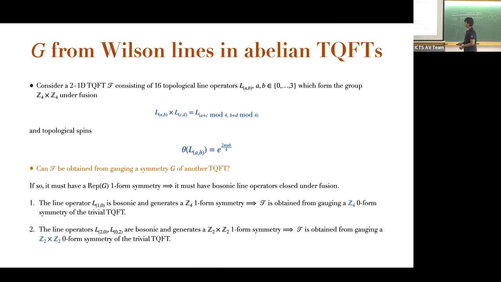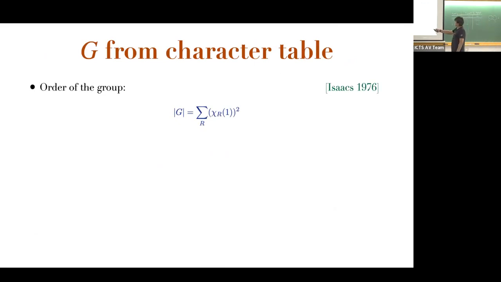Okay. So with this example, let me go back to this question of getting group data from the character table. So let us list some of the properties of the group that we can determine from the character table.